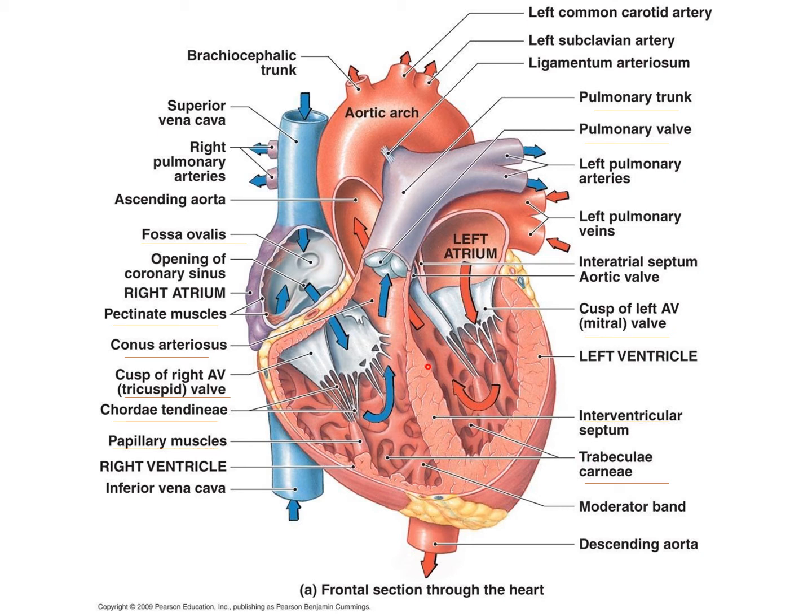The wall between right and left heart is called the interventricular septum. After the ventricle, the blood will go to the body through the aortic arch. In this area, we have the valve called the aortic valve, which is not seen in this picture.